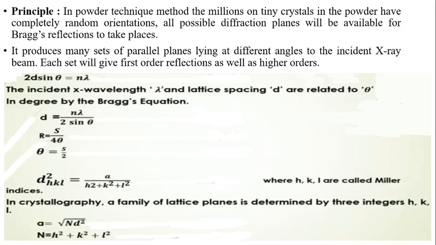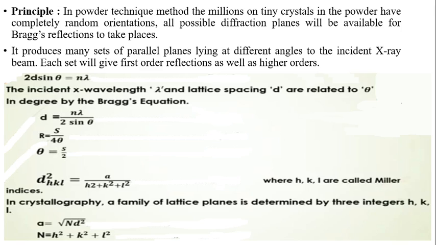Every order of orientation of the crystalline plane gives rise to a cone of vertical angle 4 theta, where theta is called the Bragg angle. The incident X-ray wavelength lambda and lattice spacing d are related to theta by the Bragg equation, 2d sin theta equal to n lambda.